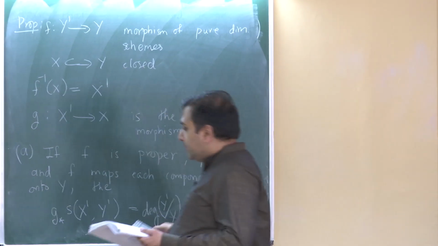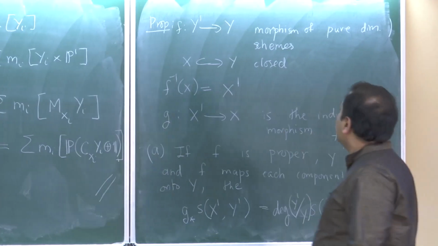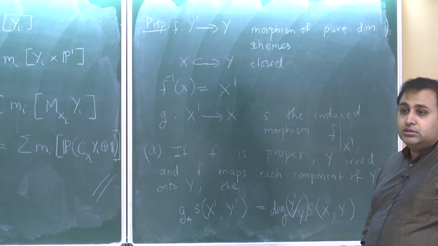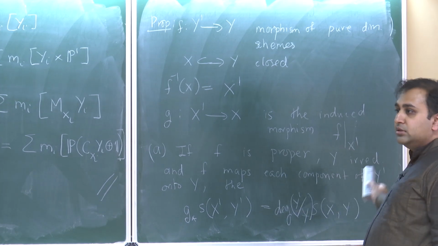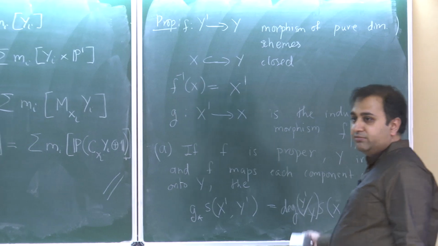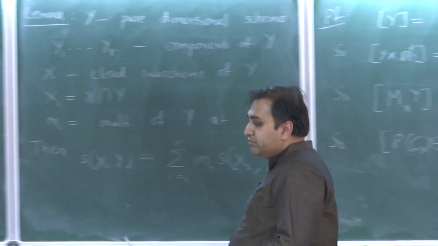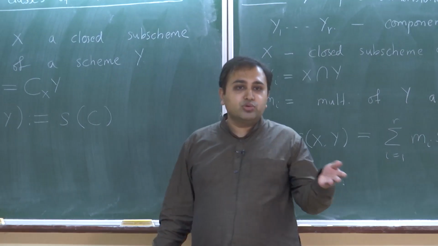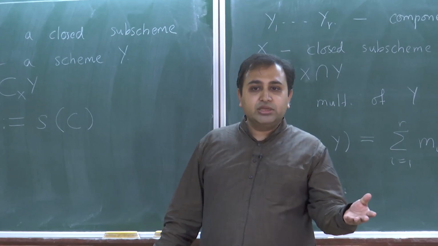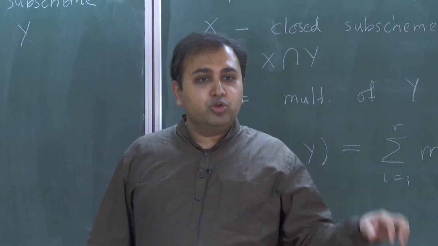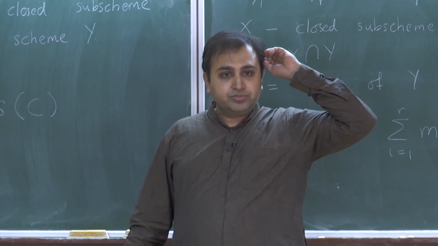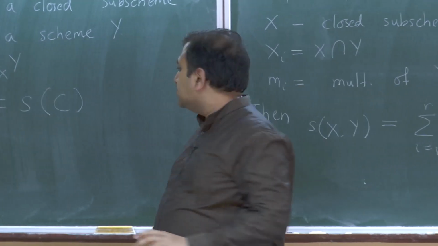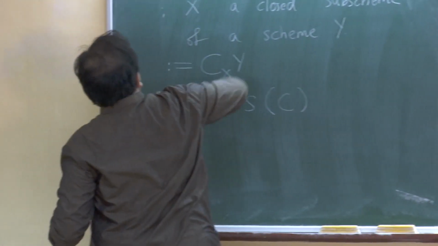In particular, if f happens to be birational, then this just tells you that the push forward of the Segre class is again the Segre class downstairs. One way this would be useful is that suppose you want to compute the Segre class of something, you blow up X, and then upstairs X becomes a divisor, and then you get a nice formula for the Segre class.